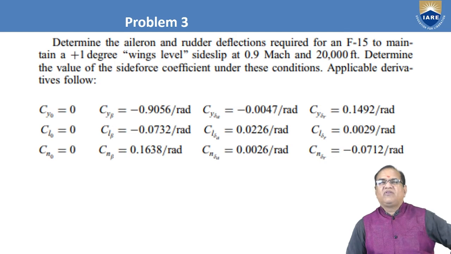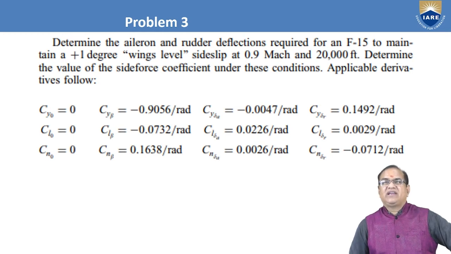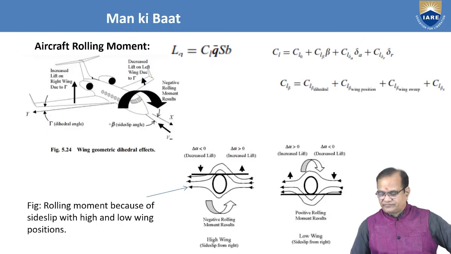So we have to determine the aileron and rudder deflection required, delta A and delta R, to maintain the +1 degree wing level side slip, and speed is given as 0.9 Mach. So these parameters are given, and we have to find out the rudder deflection and the aileron deflection.